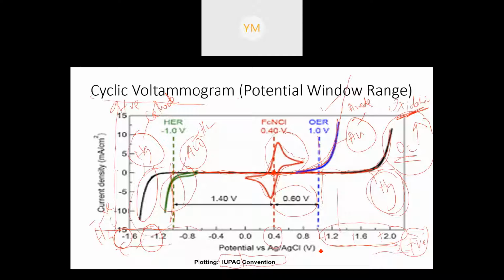The overpotential before the evolution of oxygen is 0.6 volts. Here the overpotential from 0.4 to before the formation of hydrogen starts is about negative 1.1. Okay, so this is the value.